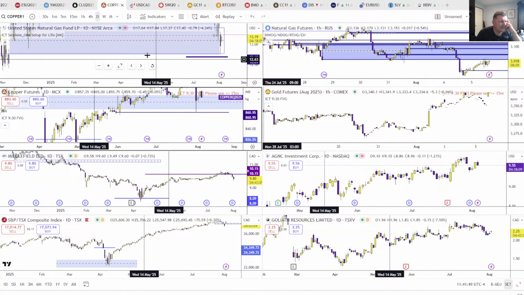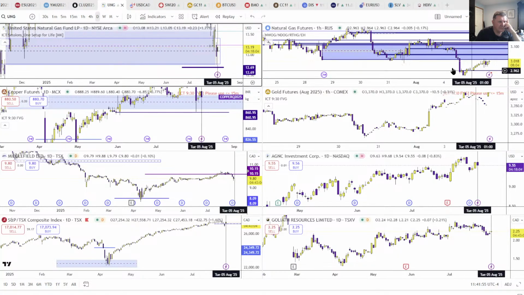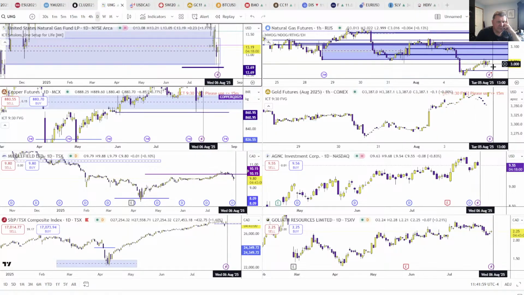Still never hit that level. Natural gas, I haven't quite hit the turn. This could just roll over and come lower now.